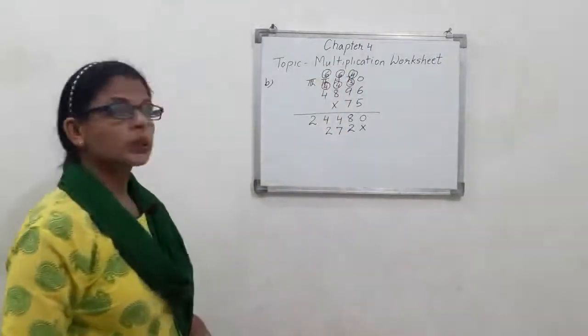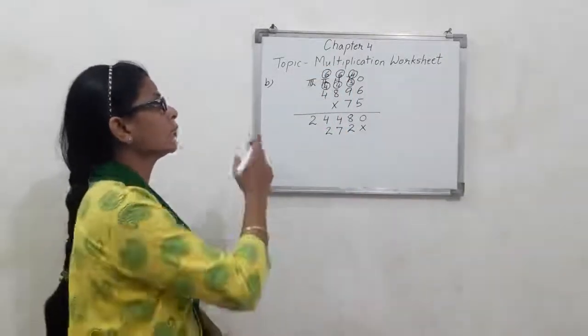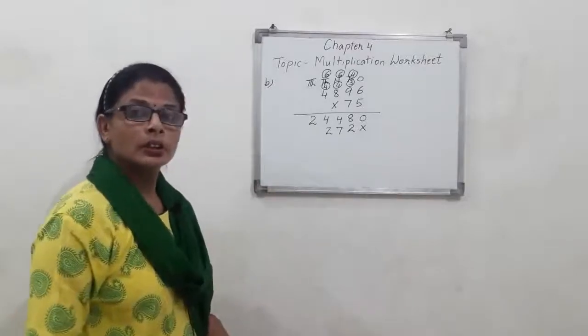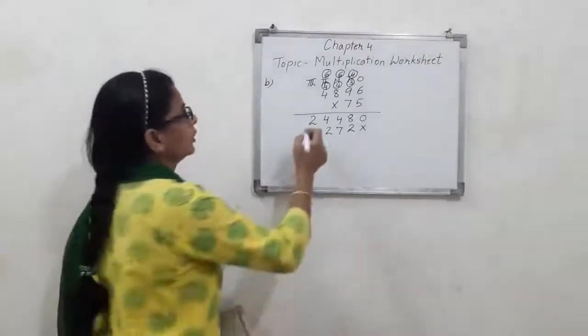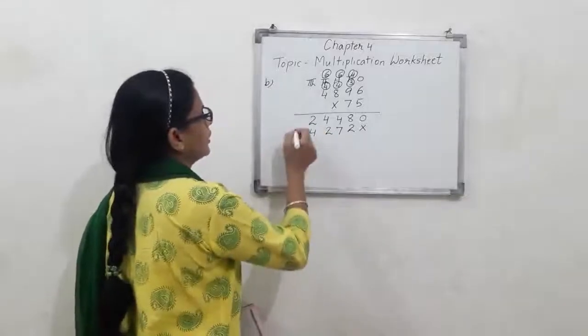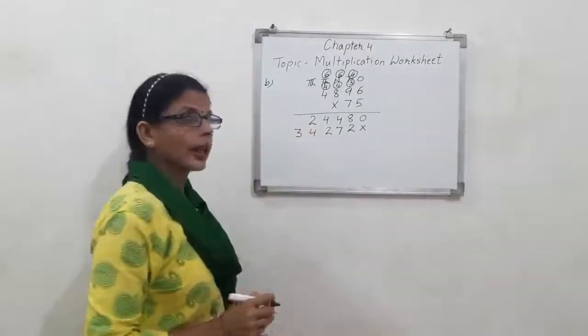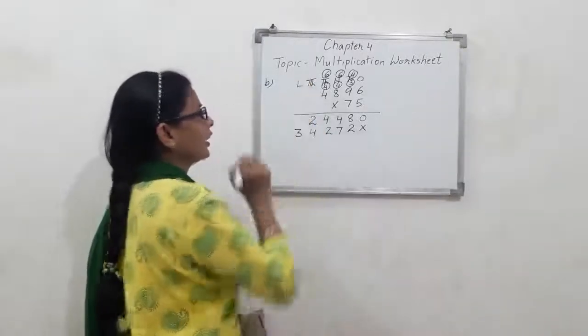Now 7 4s are 28. 28 plus 6, 34. So 4 will be written on 10,000 place and 3 will be written on lakh place. So we will mention lakh also.